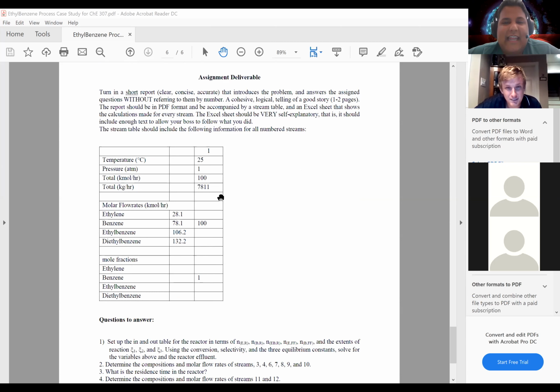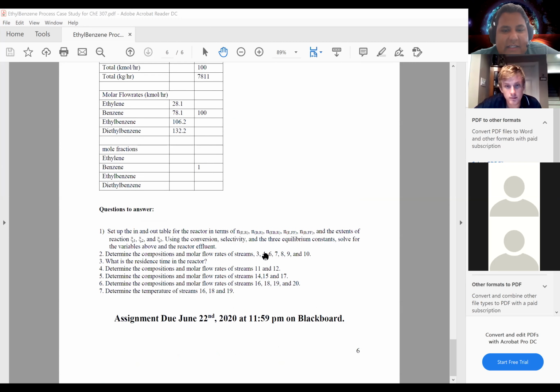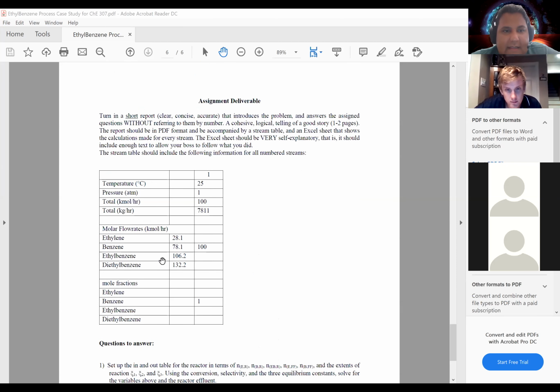What I want is just a quick one to two page report that goes over the process while answering the questions that we have here. The key is, can you write an effective report that answers the questions provided while providing the necessary appendices to support what you've written.